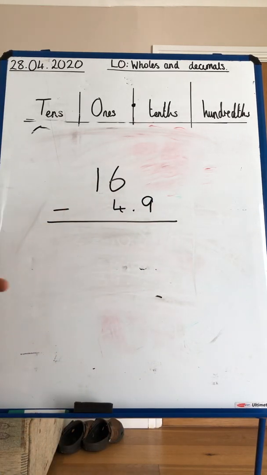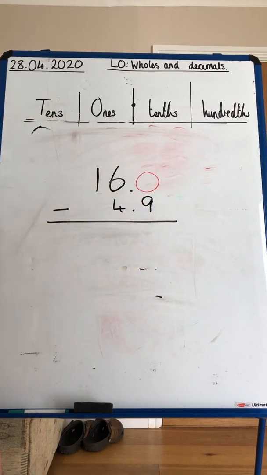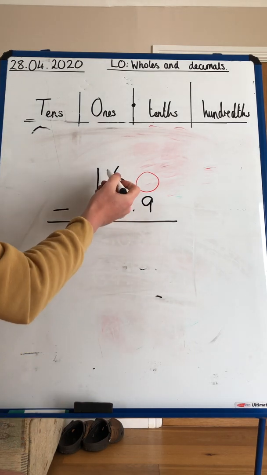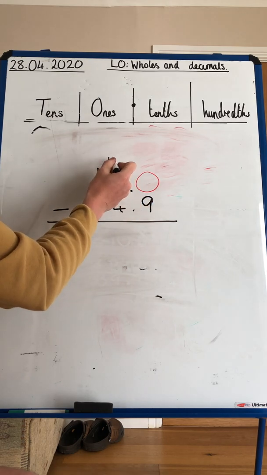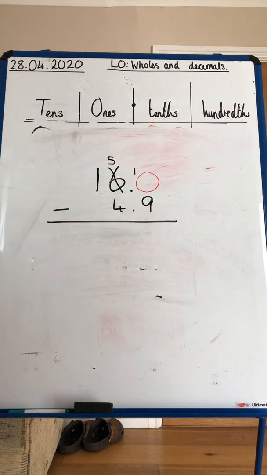Now, to help you with this, you can add in a placeholder, okay? So, 0 take away 9, or 0 tenths take away 9 tenths. Can I do that? I can't do that, so I'm going to have to exchange from my ones column. So we're going to make that 6 into a 5, and there, the 0 tenths becomes 10 tenths.